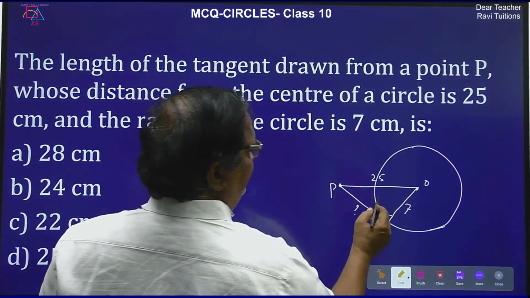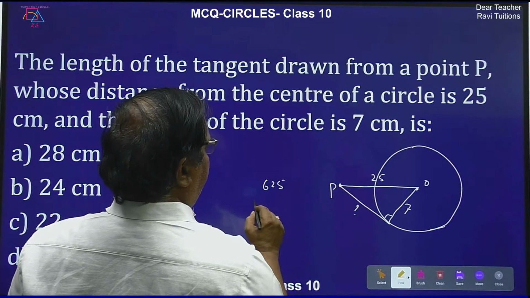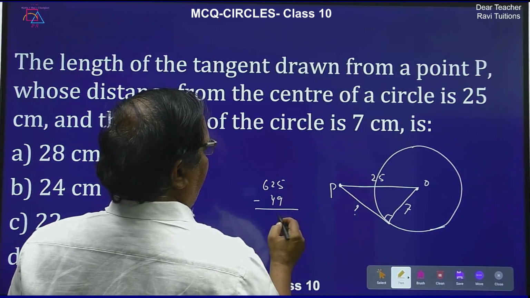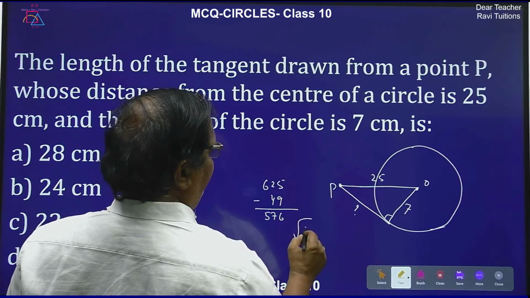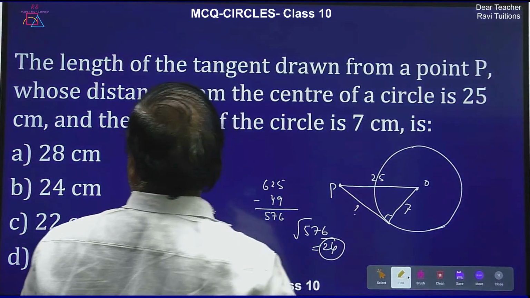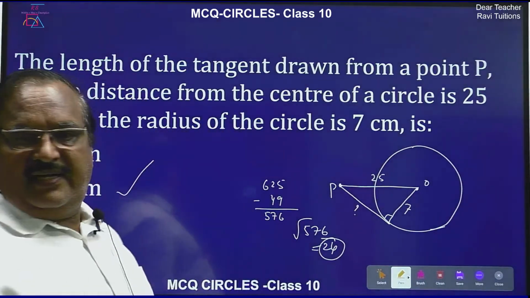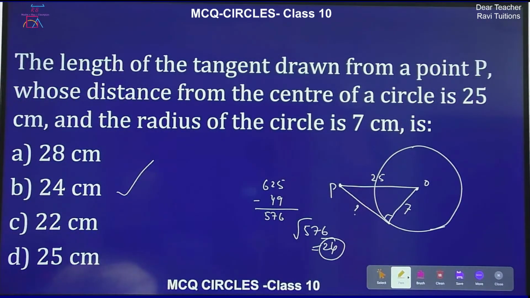This is the hypotenuse, so 625 minus 49 is 576, square root of 576 is 24. 24 is the correct answer. Please check, Amit.